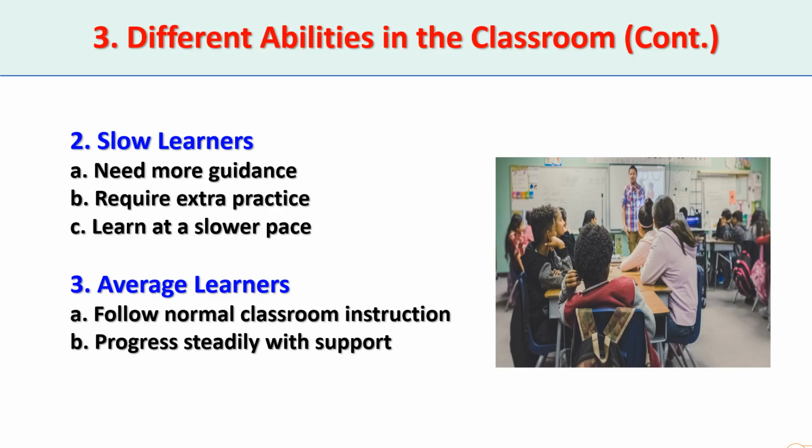The average learner can keep up with the regular classroom, where the teacher instructs them and they achieve the expected learning outcome. Average learners have only two points: A, follow normal classroom instruction, and B, progress steadily with support.